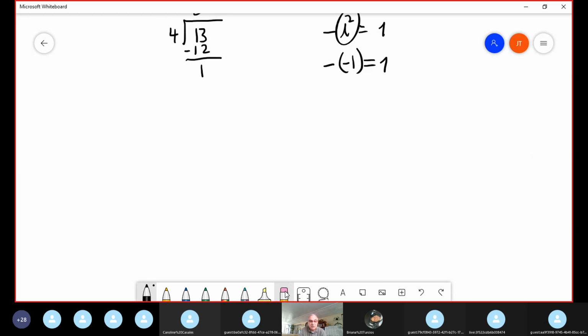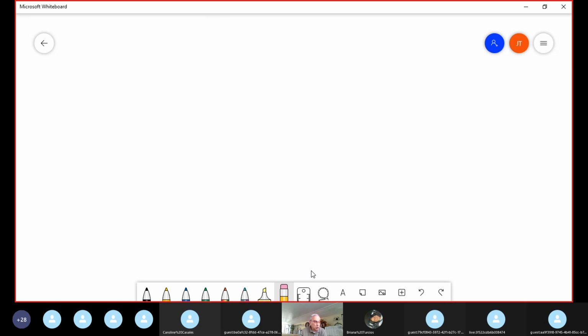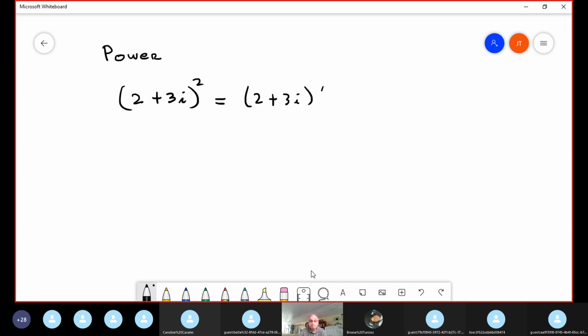Okay, let me see now the last operation in the complex number, which is a power. Power of the arbitrary complex number. Suppose you have 2 plus 3i squared. 2 plus 3i squared is equivalent to 2 plus 3i times itself.